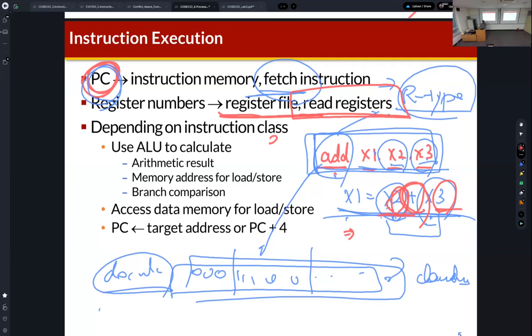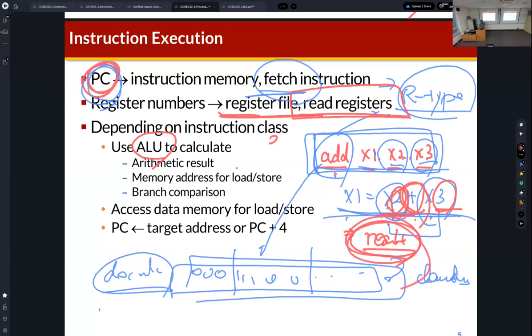Using this hardware, we can perform arithmetic operations. So this is the add operation. Using the adder, we can perform x2 plus x3. Then the result is generated. This is called execution, and the processing unit for execution is called the ALU, the arithmetic logic unit.